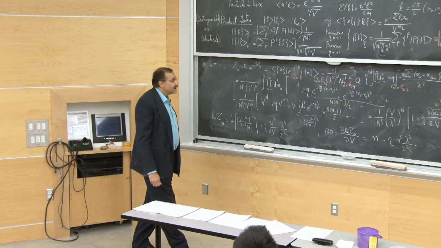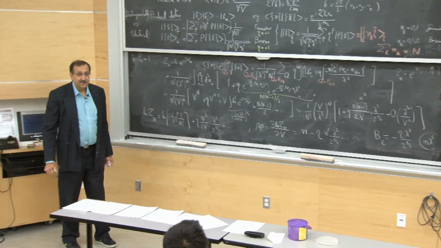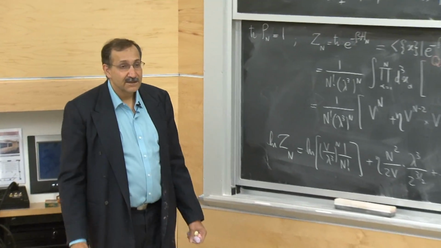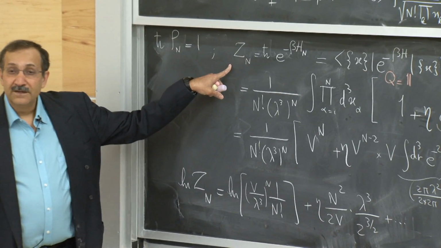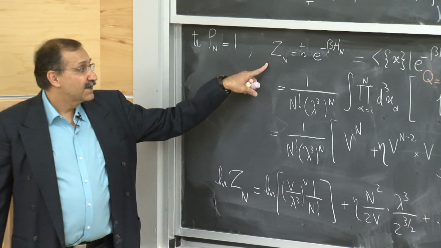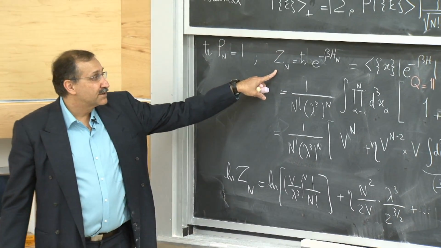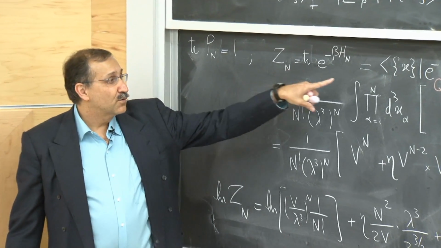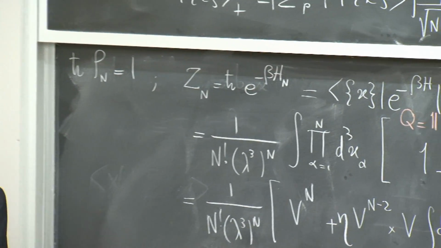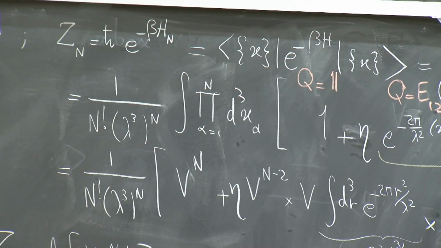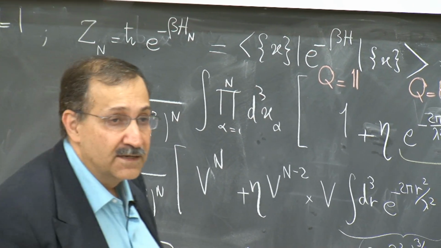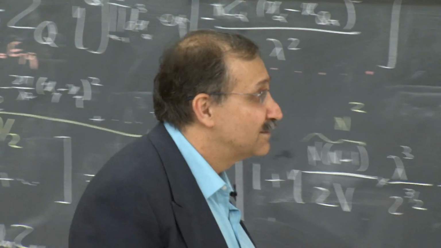So by looking at things in the right basis, we should be able to calculate everything that we need. So here, I was kind of looking at calculating the partition function in the coordinate basis, which is the worst case scenario because the Hamiltonian is diagonal in the momentum basis.